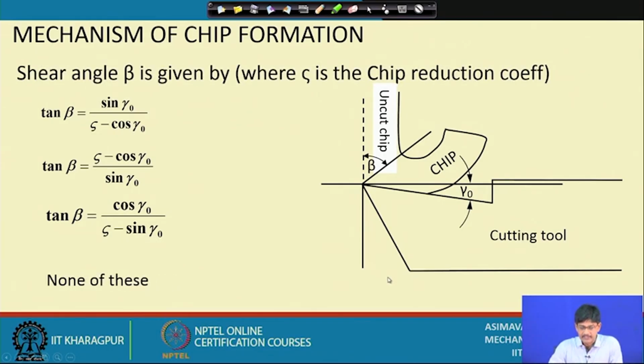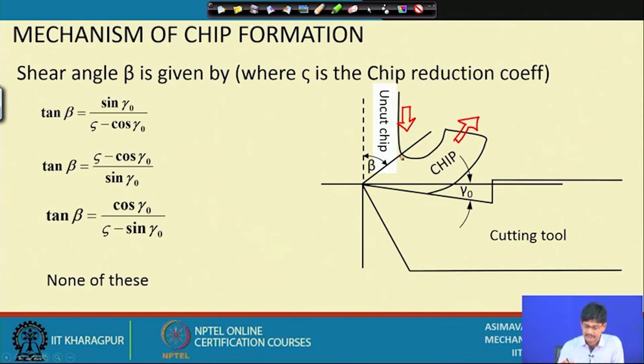Shear angle beta is given by, where zeta is the chip reduction coefficient, and we are given several expressions for the tangent of the angle beta. Let us see what is beta. Here comes down the uncut chip with cutting velocity, and it goes out as a chip with whatever velocity the chip is having, the chip velocity.